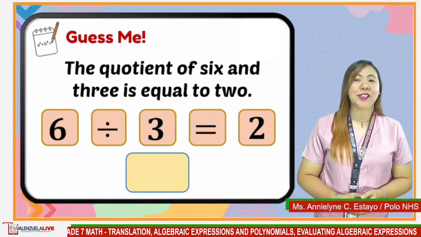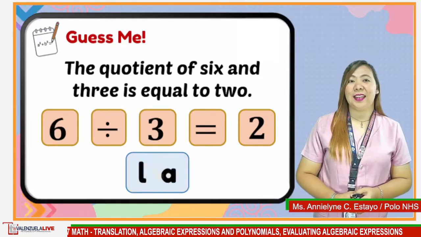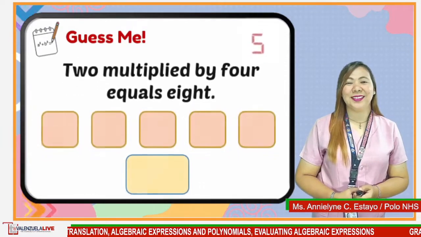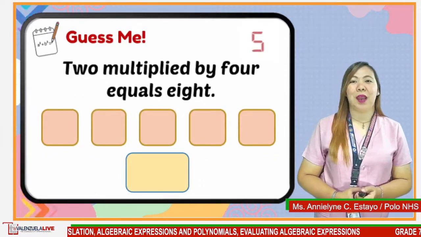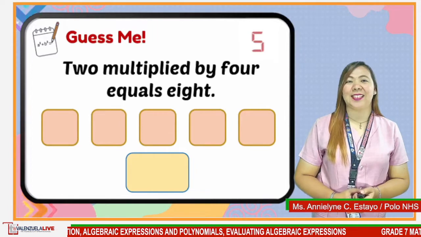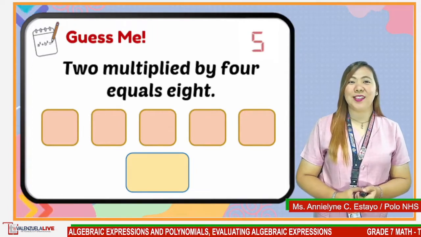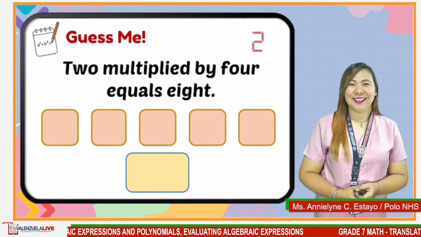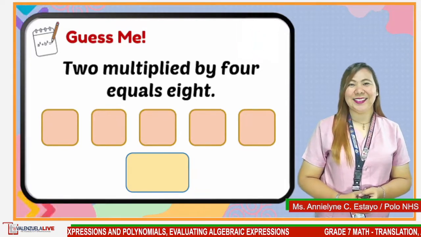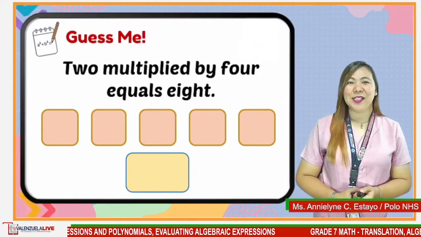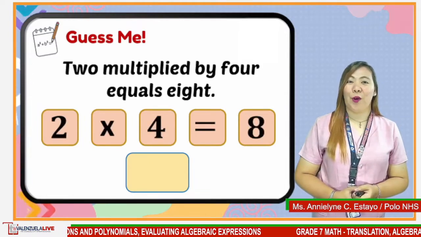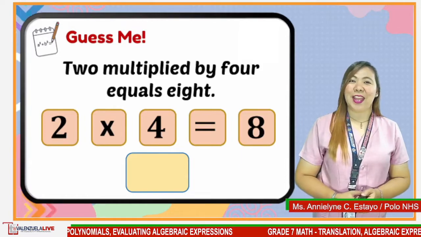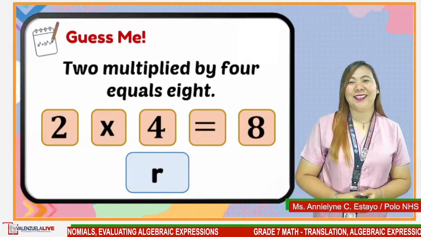The letters are L and A. For the last one, we have 2 multiplied by 4 equals 8. 5 seconds, go. The answer is 2 times 4 equals 8. Good job. The letter is R.